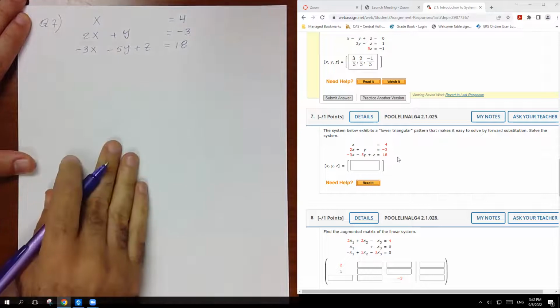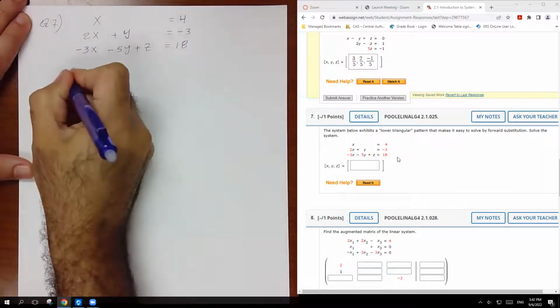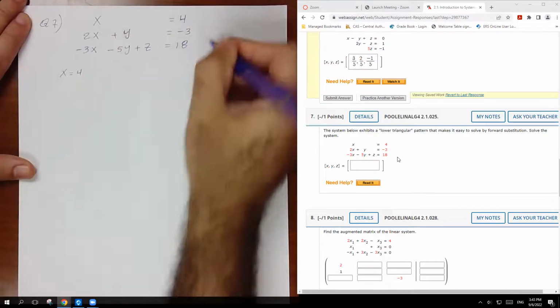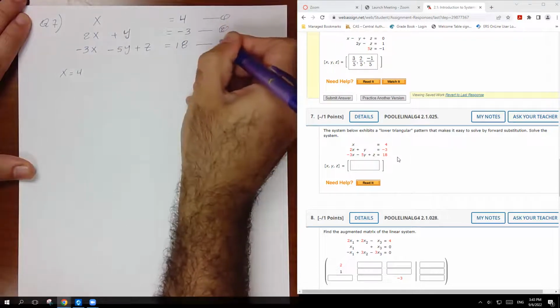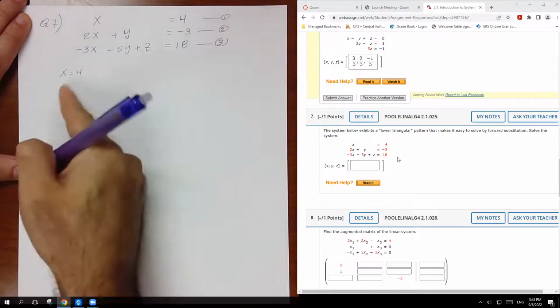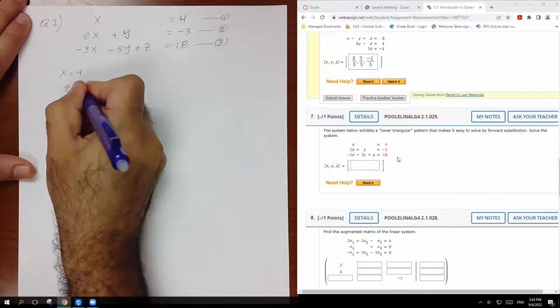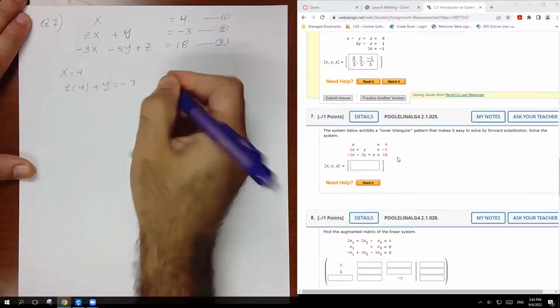So here's the system. We can do exactly the same thing. I have the value of x, so x equals 4. I'm going to plug in the value of x into the second one. Plug in x on the first one and the second one. So 2 times 4 plus y is going to be negative 3.